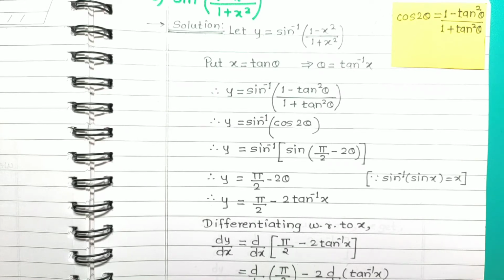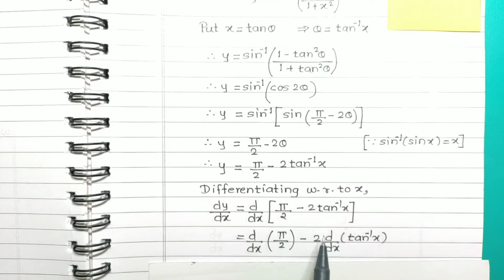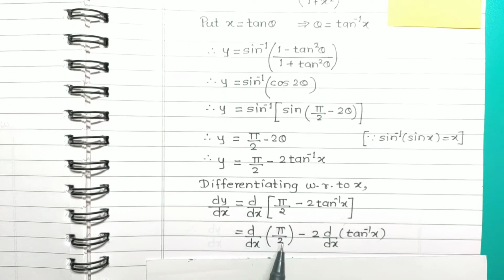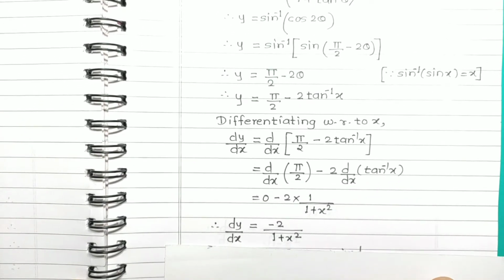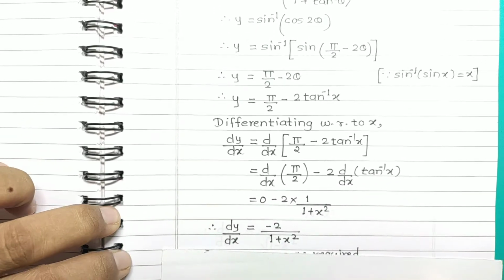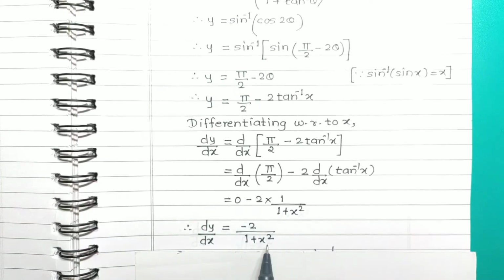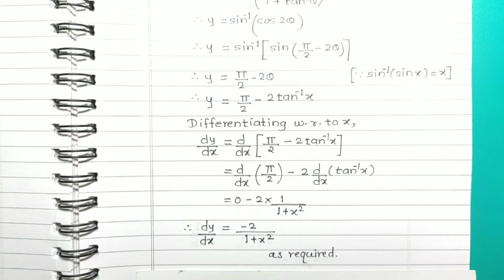Since pi by 2 is constant, its derivative is 0, and 2 stays as it is into the derivative of tan inverse of x. The standard formula says the derivative of tan inverse of x is 1 upon 1 plus x square. So finally dy by dx is equal to minus 2 upon 1 plus x square, as the required derivative.